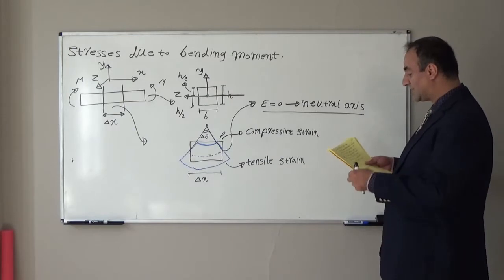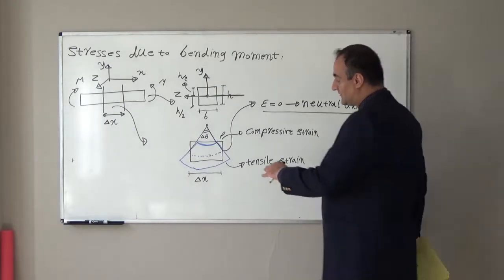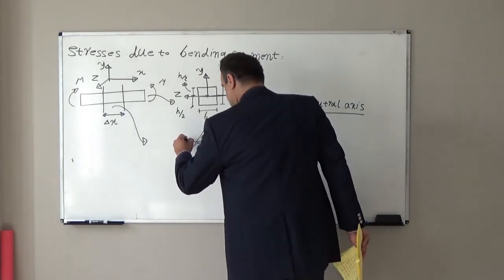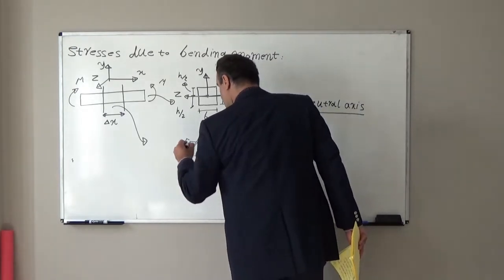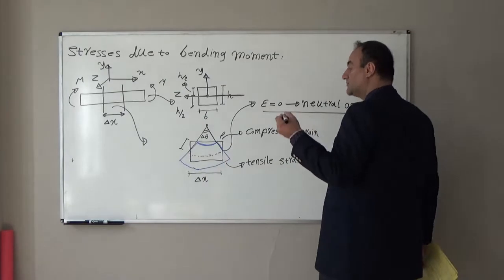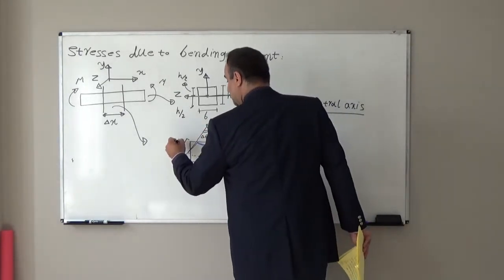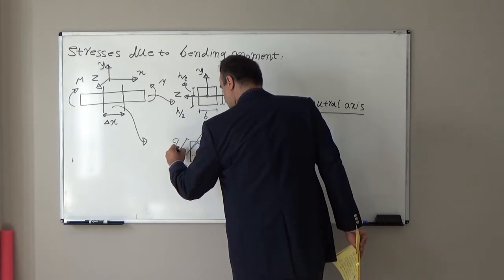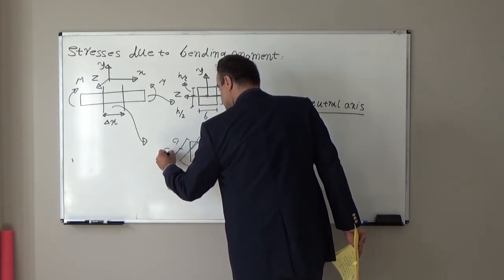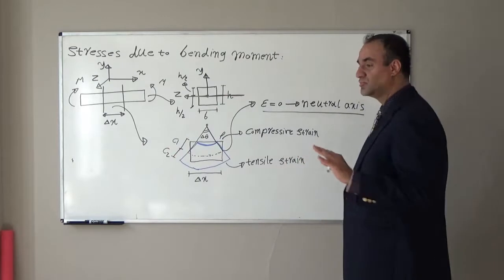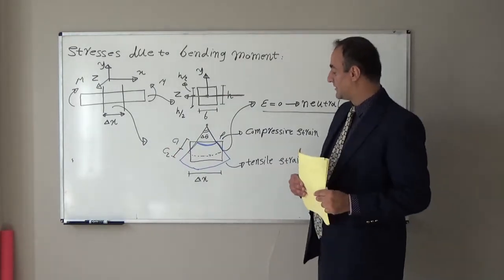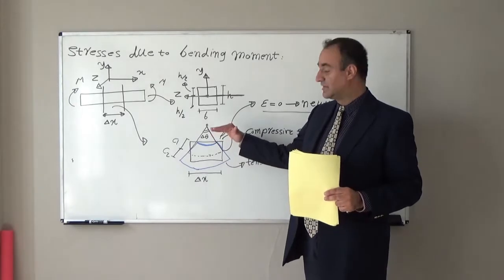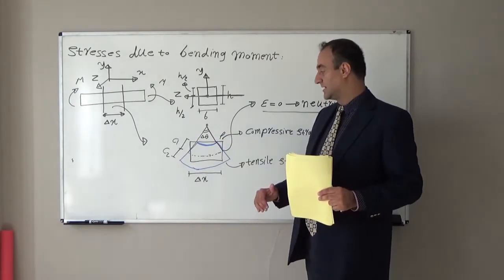Let's see what will happen if we assume somewhere we will have neutral axis, and we don't know the location of neutral axis. From top we assume it is, for example, C1. From bottom it is C2. So we don't know the location, but there is one fiber. Above that we have compressive strain, below that we have tensile strain.